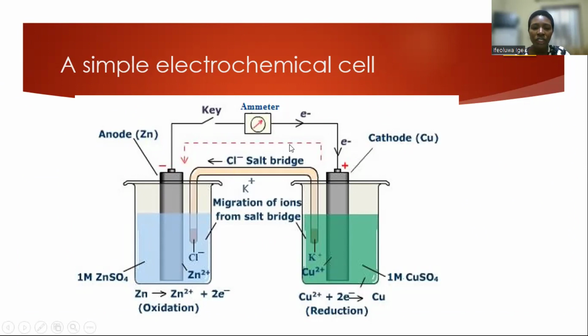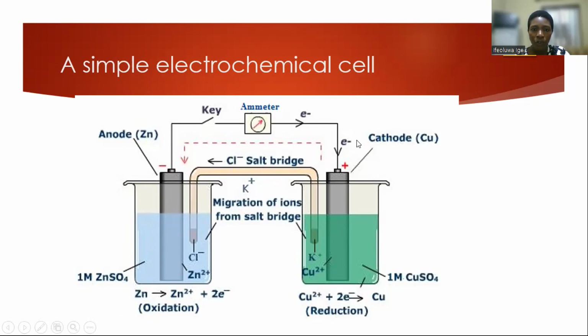This salt bridge helps ions migrate from the zinc sulfate electrolyte to the copper sulfate electrolyte. So this salt bridge is for the migration of ions from one electrolyte to another.